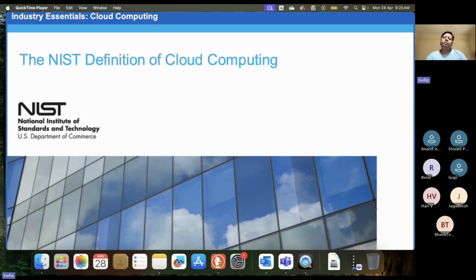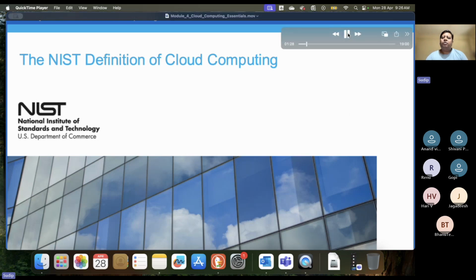NIST gives guidance, develops frameworks, and asks all the manufacturers of hardware and software, and people who are building new protocols, the scientists, to follow certain standards and frameworks so that it does not become proprietary for anyone and is as open as possible.